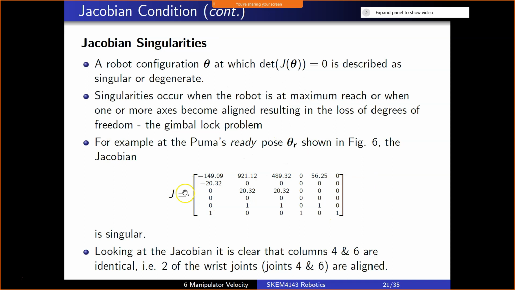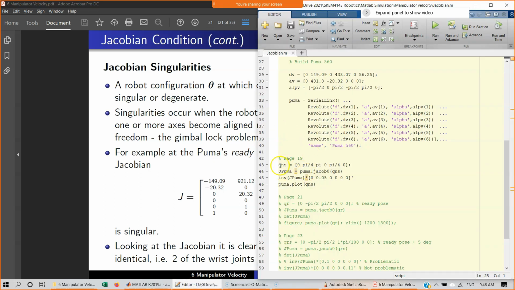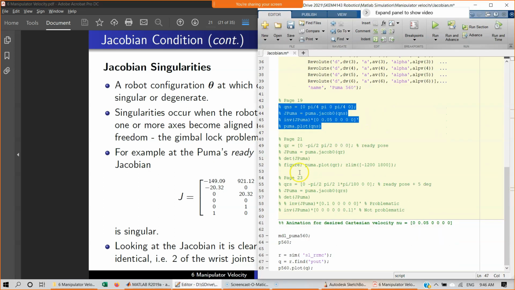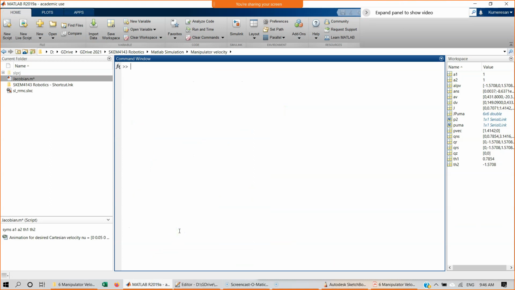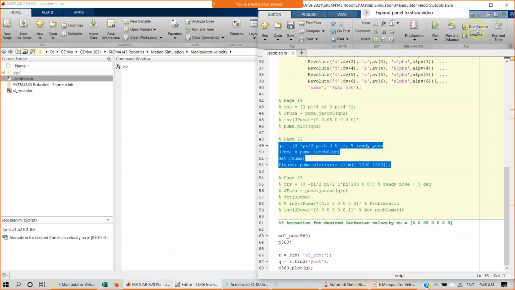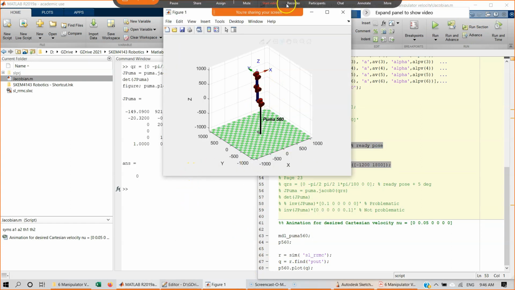This is our J, our Jacobian matrix. If you try to compute the determinant, it becomes 0. Let's check in MATLAB. Okay, this is the ready pose.